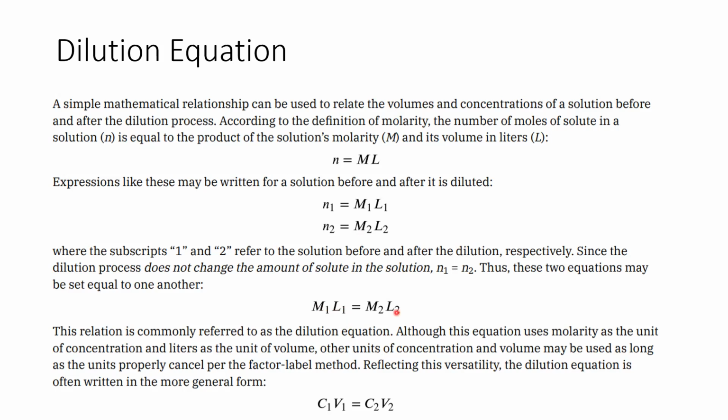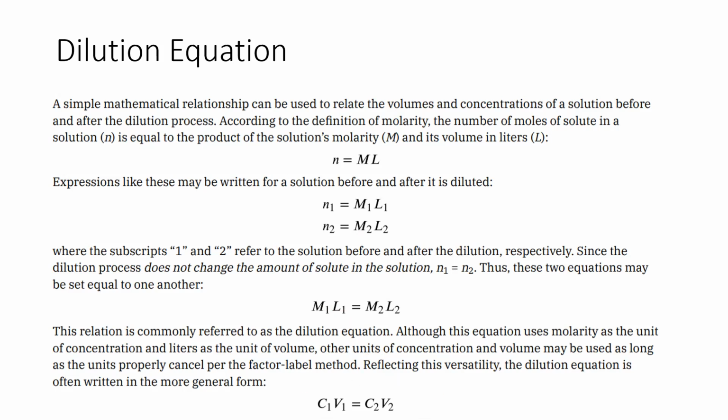But with this equation, as long as we have the same thing on both sides, so we're going to see a couple different concentration units. So as long as the concentration units match on the left versus the right, they're going to cancel out. And then the same thing with the volume. So we could have liters, we could have milliliters, we could have any other volume unit, but as long as it's the same thing on each side, it doesn't actually matter what it is.